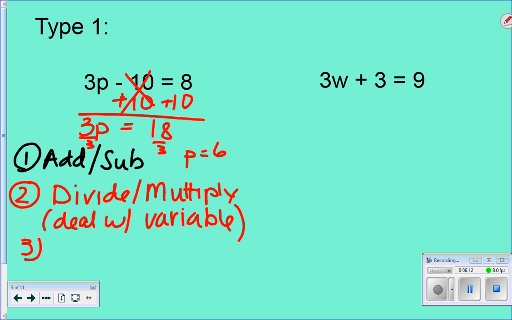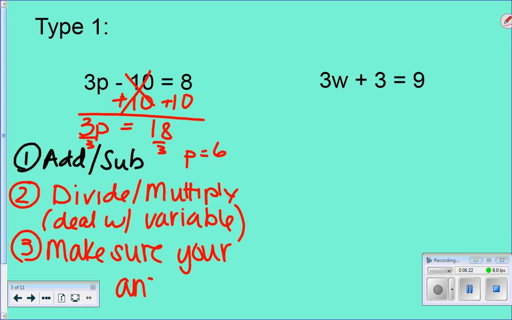Third and last step: make sure your answer is right. Just p equals 6. So, how do I know? I take 6, I put it in for p. That would be 3 times 6 is 18. 18 minus 10, guess what? 8.